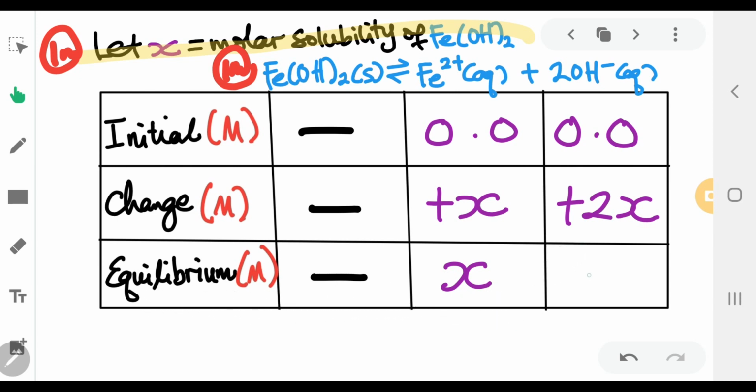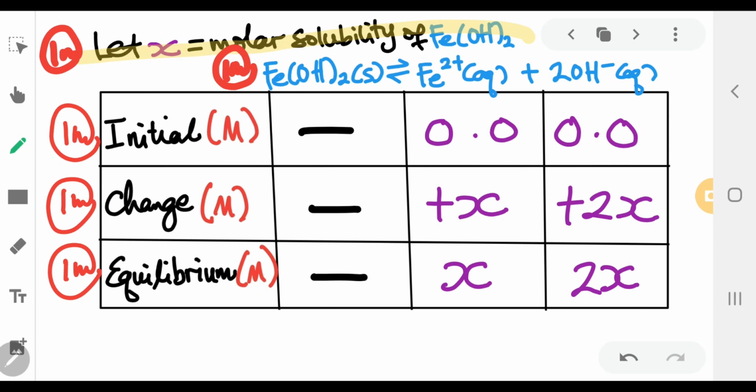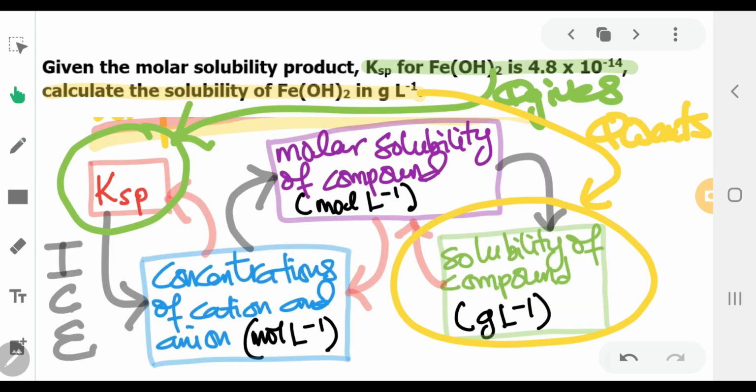And for the OH minus, it would be 2x. You get 1 mark for this section, 1 mark for this section, and another 1 mark for that. So from the ICE table that we have produced, we should be able to proceed to the next step. So we have done this. Now we're going to be moving forward towards molar solubility.